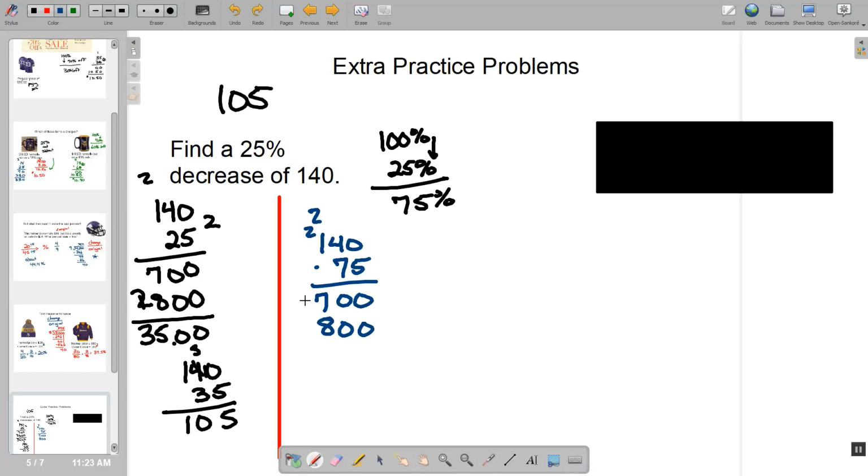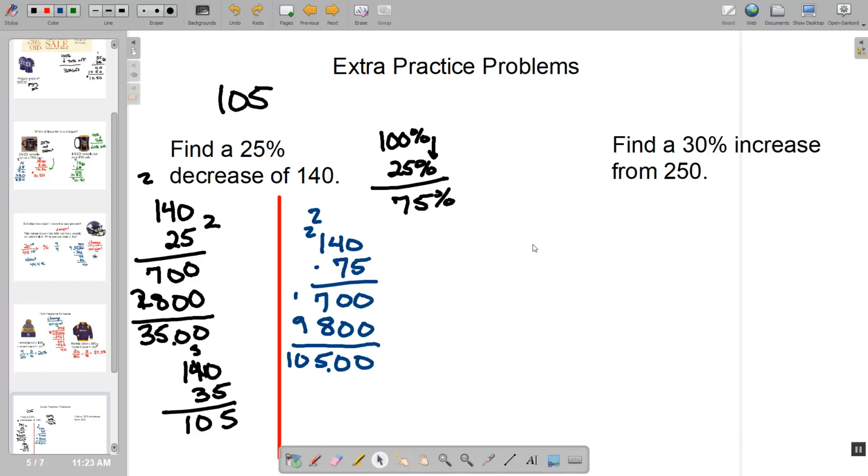There it looks like it's going to work out just fine. So once again, 105 is a 25% decrease of 140. And these are both algorithms. They will give you the same answer both ways.